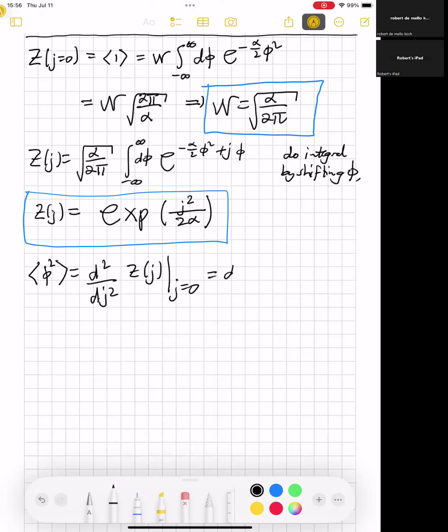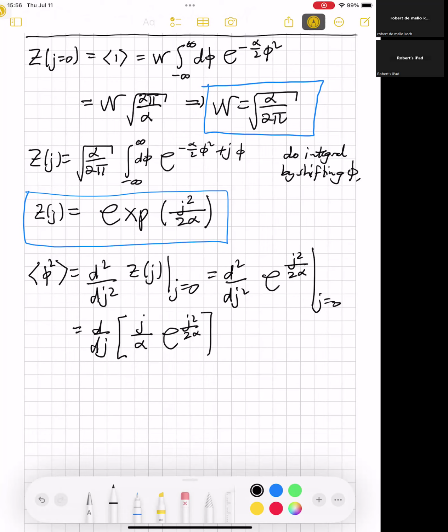This will be second derivative with respect to J of e to the J squared over 2 alpha at J equal to 0. So we've got a d by dJ, and let's take the first derivative. Well, the first derivative will bring down a J over alpha, e to the J squared over 2 alpha, evaluated at J equal to 0.